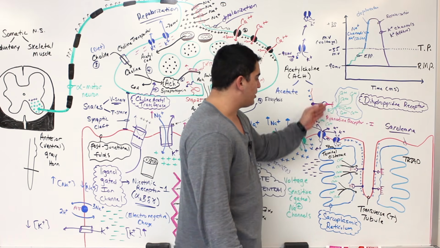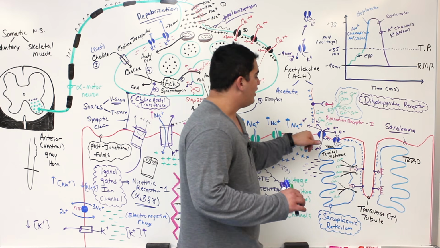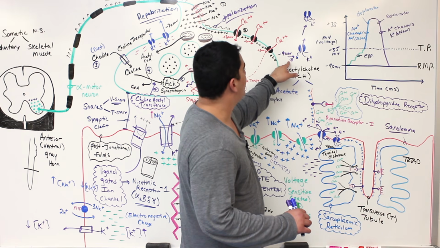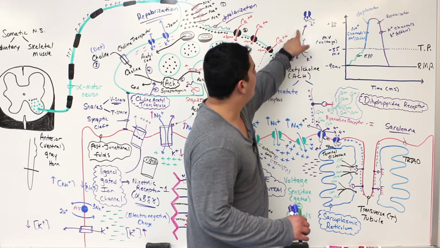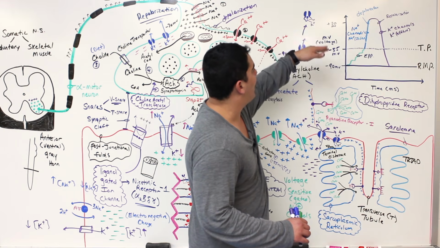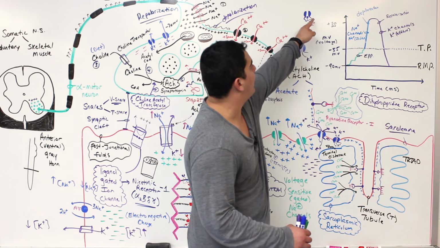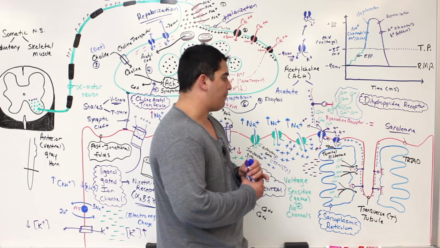When the potassium ions keep leaving and it reaches about negative 90 millivolts, the inactivation gate is going to start, where do we draw that? Right here. Whenever we reach negative 90 millivolts, the inactivation gate is going to start closing. And whenever that closes, again, potassium can't leave. But eventually the inactivation gate will go back and the activation gate will close. And it'll wait for another stimulus for that event to happen.